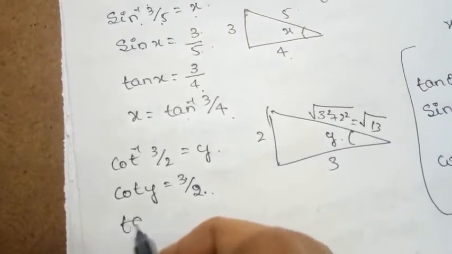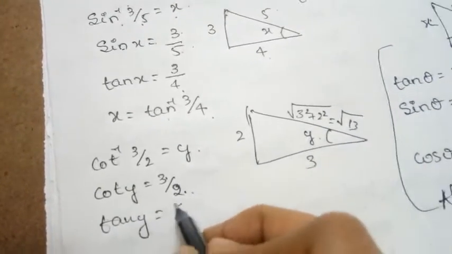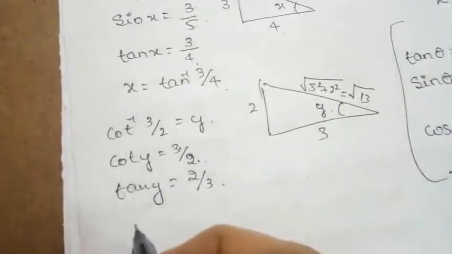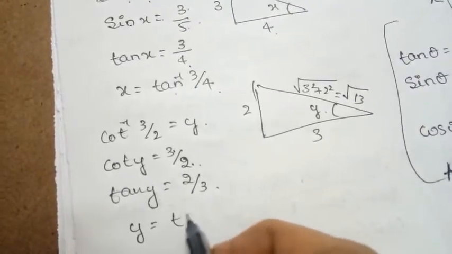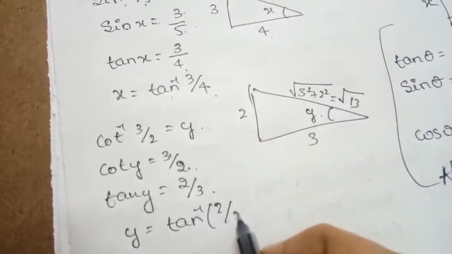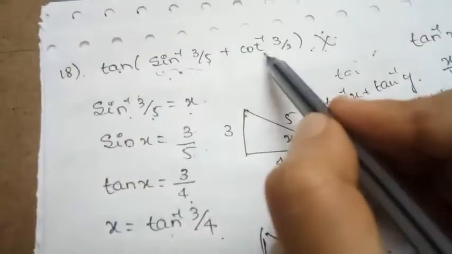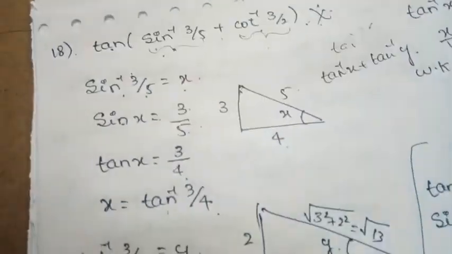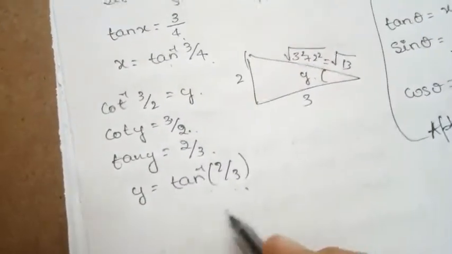But here we require tan y, so it is 2 by 3. So clearly y is tan inverse of 2 by 3. So I can replace cot inverse of 3 by 2 by tan inverse of 2 by 3.